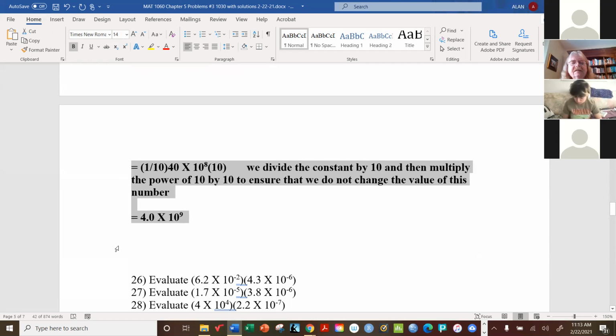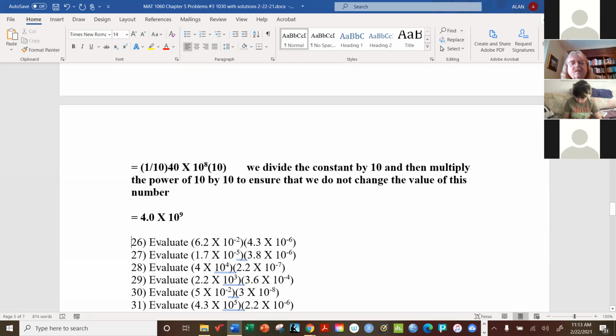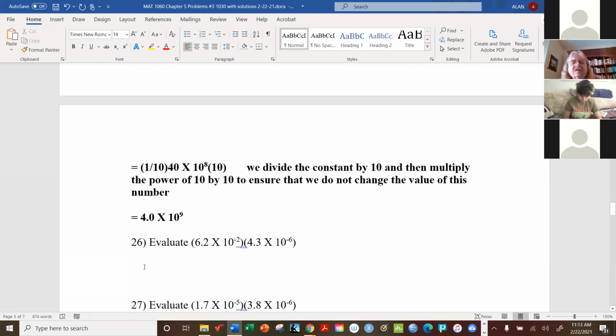All right, so did everyone get that? And so this will be necessary from time to time when you're dealing with these expressions. Okay. Now this one looks like we're going to have the same problem.